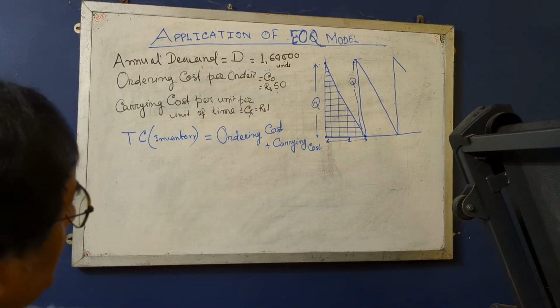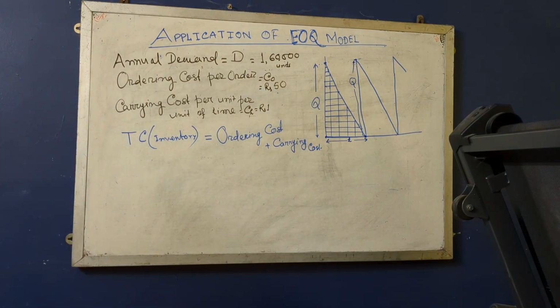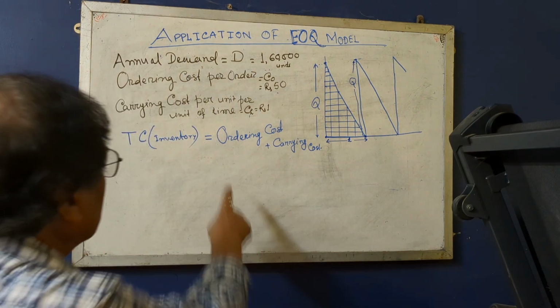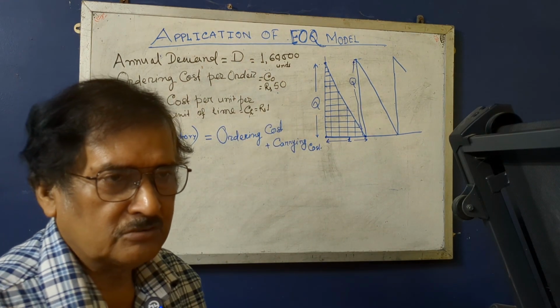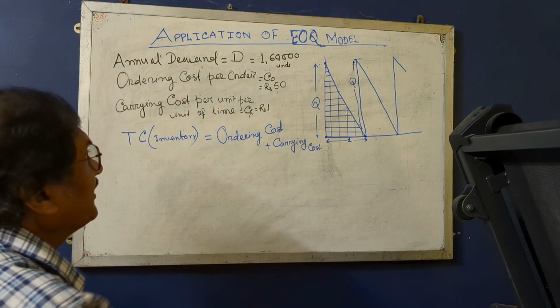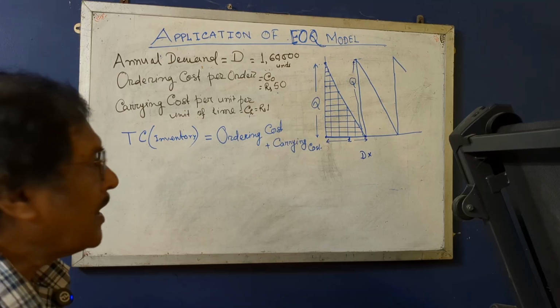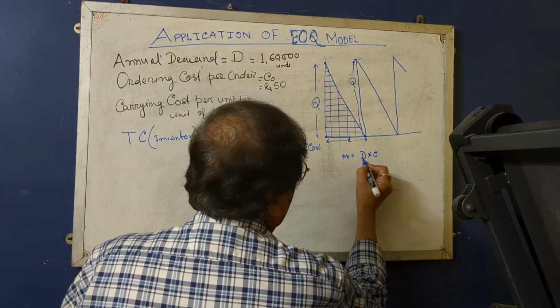Sir, why are you not taking the cost of materials? This question may arise in your mind. The reason is that these are decision costs. They depend on the ordering size, but the material cost is fixed in this case, because say the demand is D and cost per unit of the material is C, then the total material cost will be DC, and it cannot change.